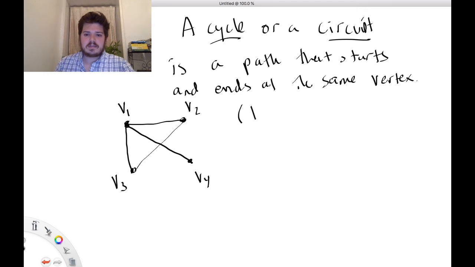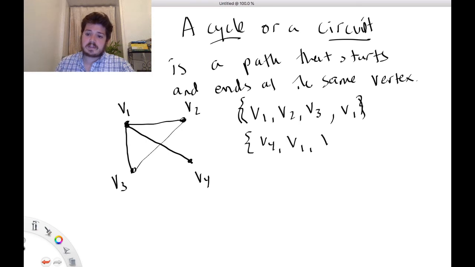V1, V2, V3, V1. That's a cycle. Here's another cycle of V4, V1, V2, V3, V1. That's a cycle.